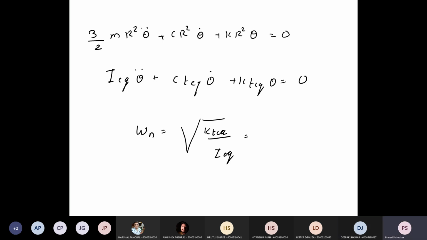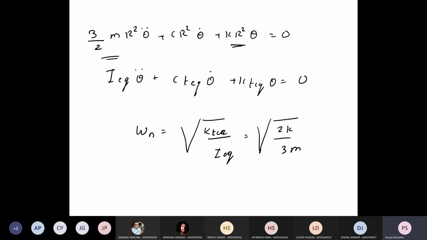Deepak, SAP ID? 27. Alright, so K torsional equivalent is the coefficient of theta, and I torsional equivalent is the coefficient of theta double dot. Substitute that and you get omega n equal to the square root of 2K by 3m. Alright, so that is the natural frequency.